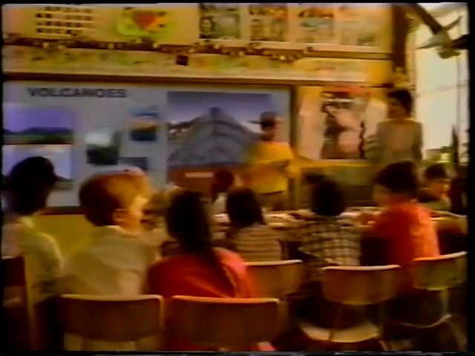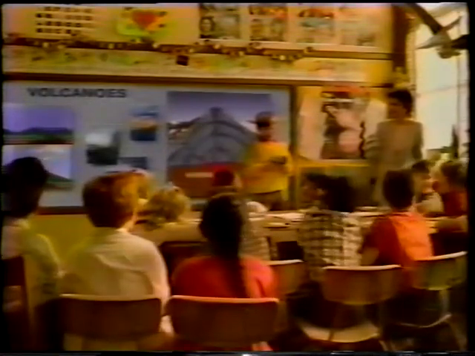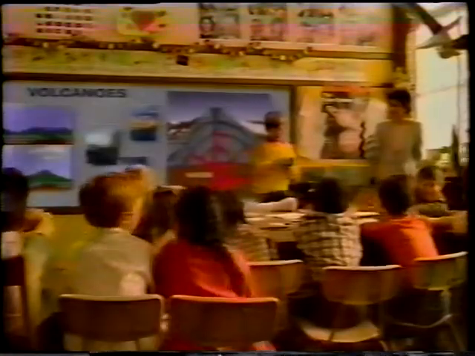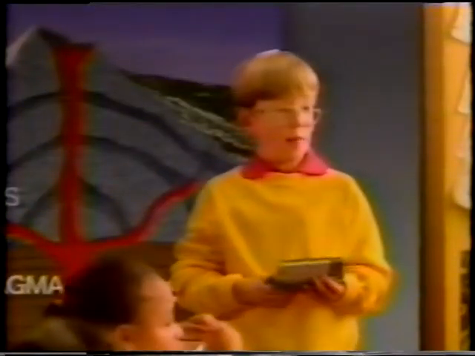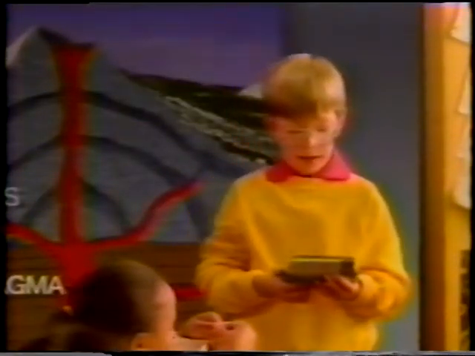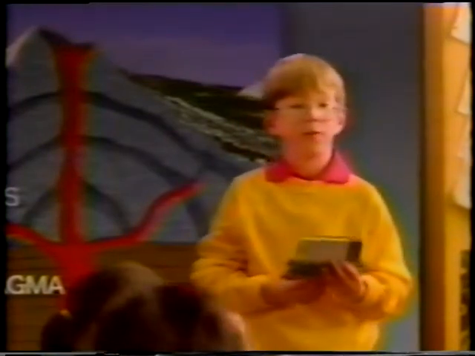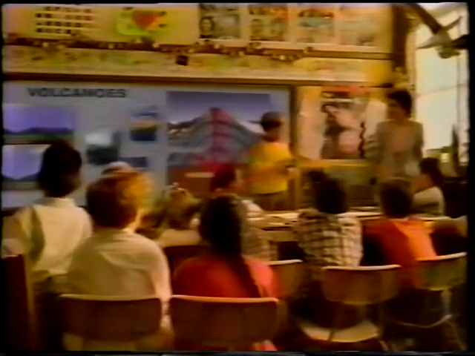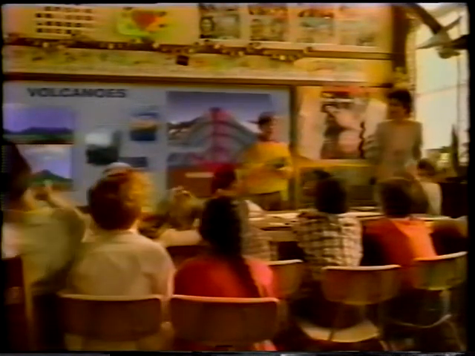Show us where the magma is. The magma is underneath the Earth's crust. Heat from the magma creates pressure against the surface of the Earth. When volcanoes erupt, the magma comes out through the cracks in the Earth's crust, and the cracks are called fissures. I knew that. What's it really look like? This is what a volcanic eruption looks like in real life.